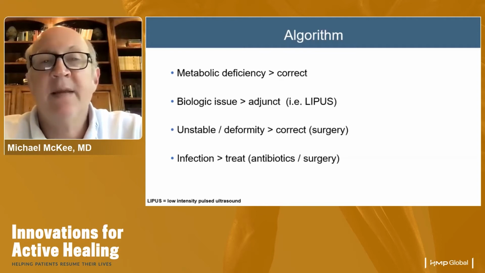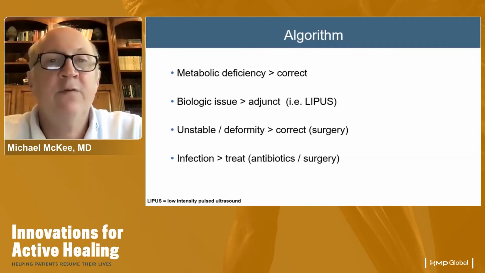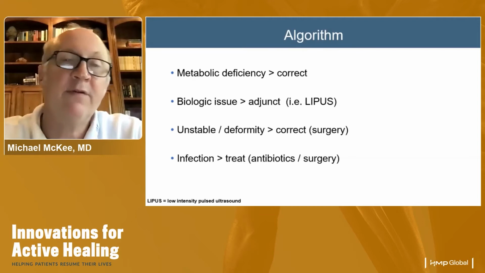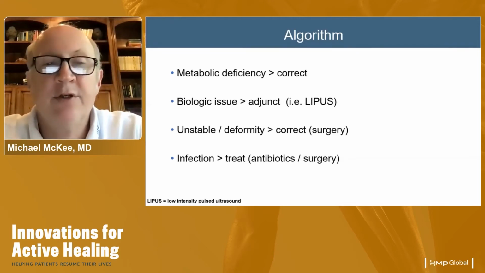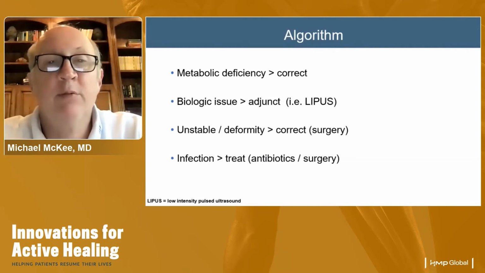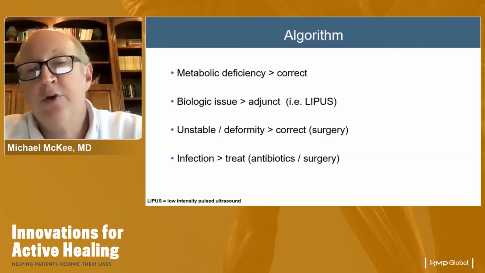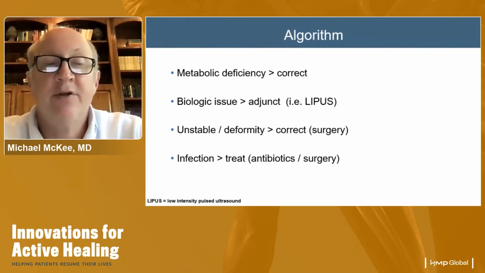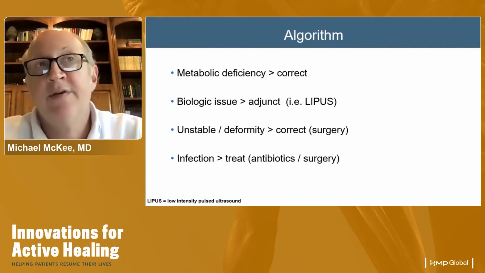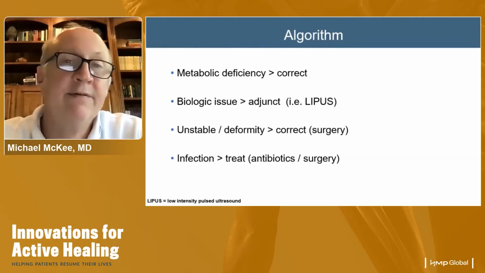If you have an unstable situation or significant, unacceptable deformity, so that even if the fracture or non-union did heal, it would heal in a position that was unacceptable for function, then usually that patient's going to need corrective surgery. If you have infection, and this is an important point, sometimes fractures that should heal don't because of underlying infection.